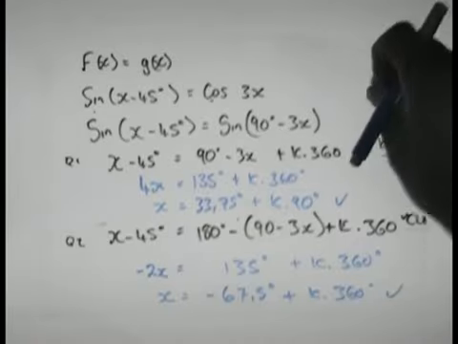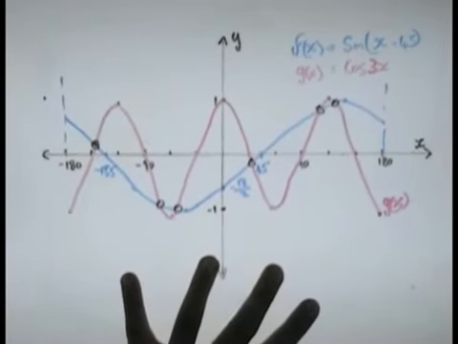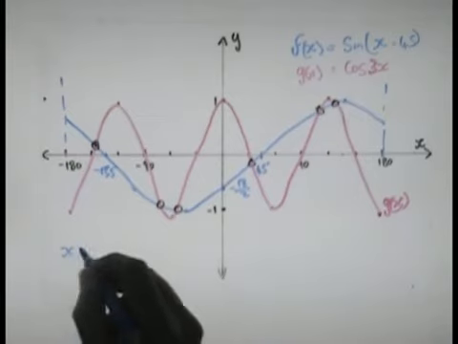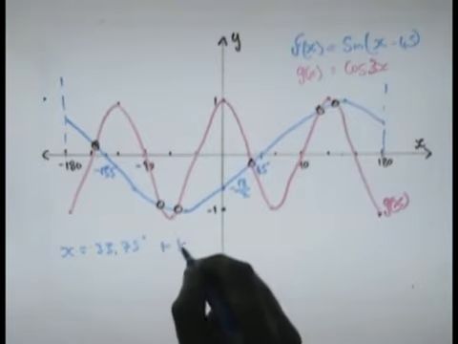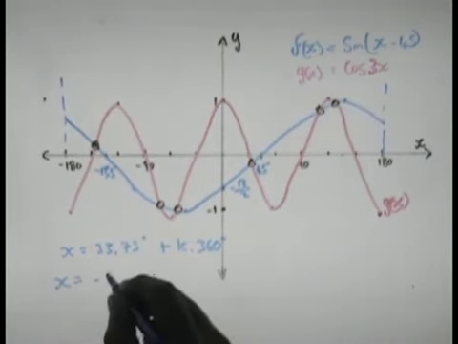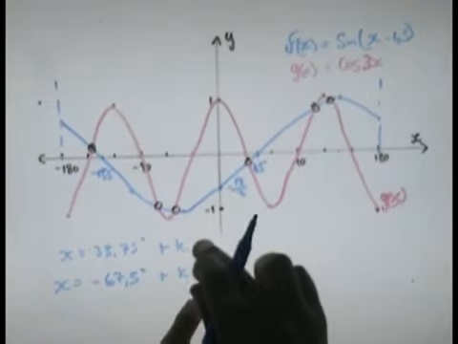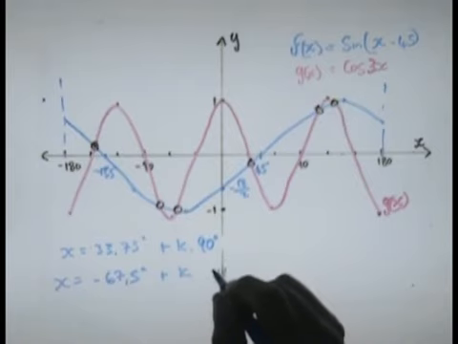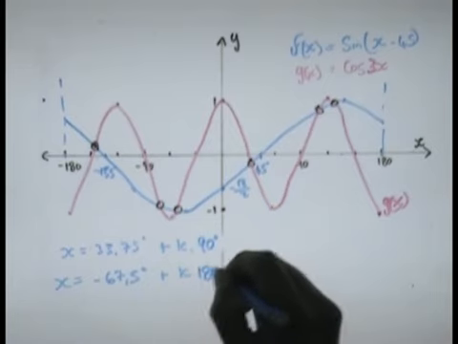Taking that onto our graph, which we have over here, the two possible solutions we have are either x is equal to 33.75 degrees plus k times 90 degrees, and our other solution is negative 67.5 degrees plus k times 180 degrees.